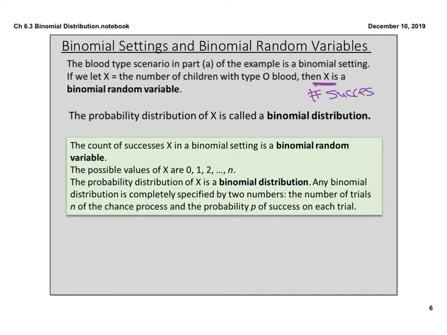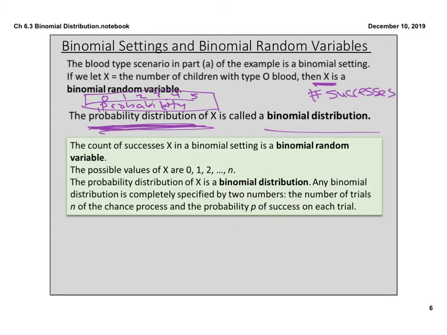When you make a probability distribution, like if you line these things up in a table, the numbers could be 0, 1, 2, 3, 4, and 5, and you put the probability down here, that's your probability distribution of that binomial distribution.